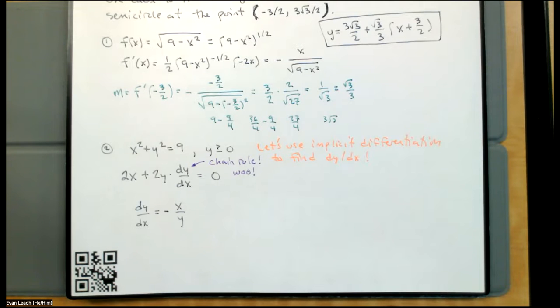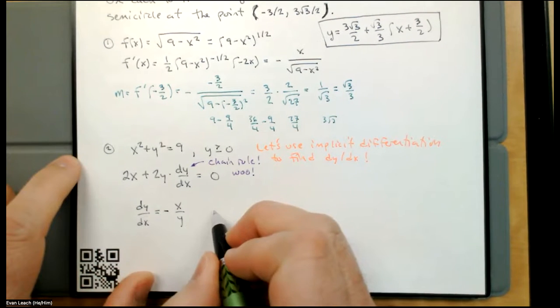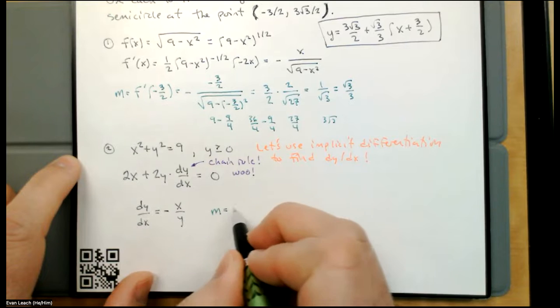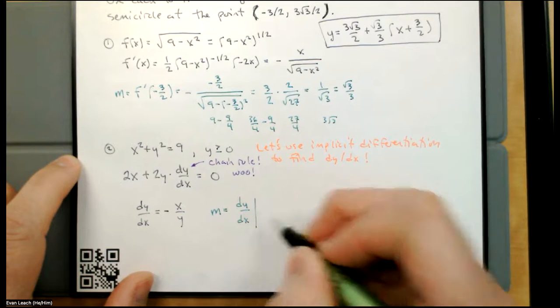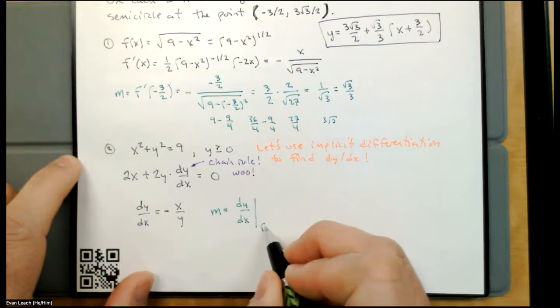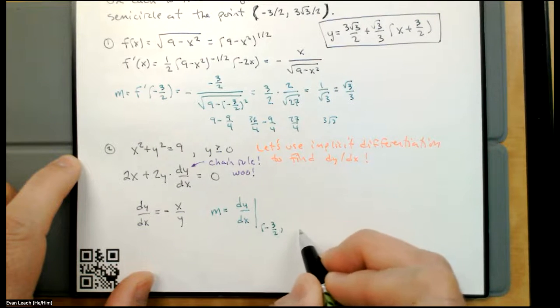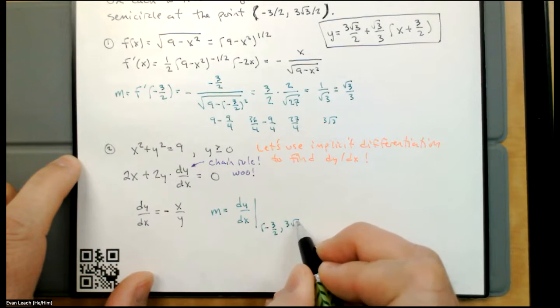Now for the slope, we just need to plug in our point x, y. I want dy dx evaluated at the point. So the slope is dy dx evaluated at the point negative 3/2, 3 root 3 over 2.